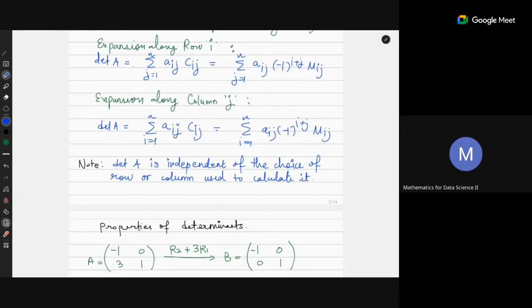So whichever row you take, whichever column you take, you will get the same number as the determinant of the matrix.